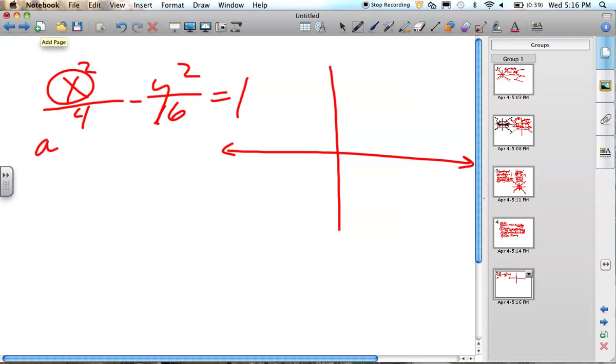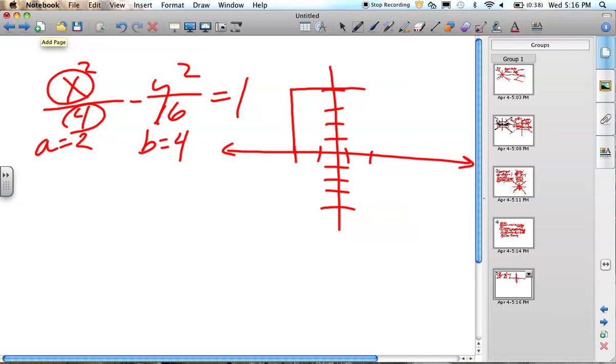Okay. A is 2, square root of this number. B is 4. I'm going to go out 2 in the x direction, 4 in the y direction. Here's what my box is going to look like.